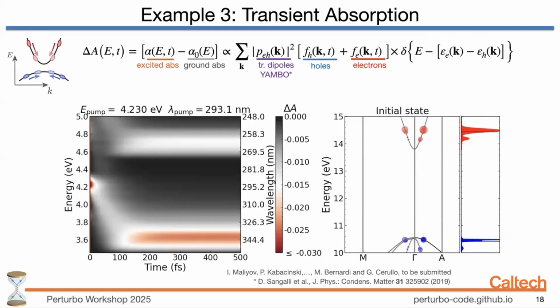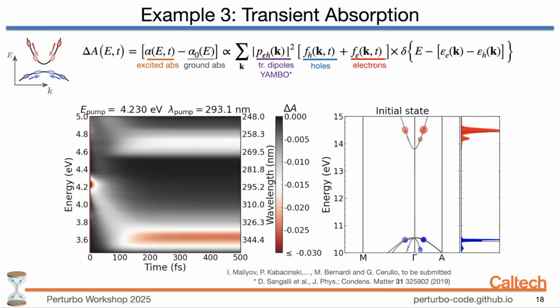And then I just wanted to highlight this transient absorption signal that we can compute. The formula is on top, where it's a function of the transient dipole amplitudes that you can potentially use YAMBO to compute, and then the electron and hole populations that you generate, as well as an energy delta function.